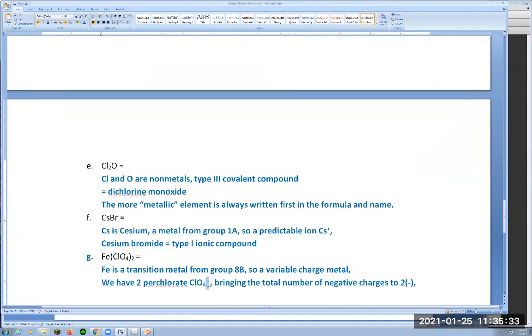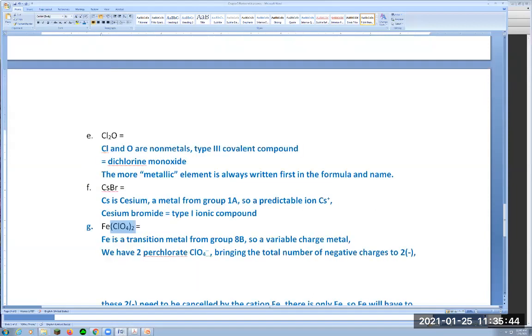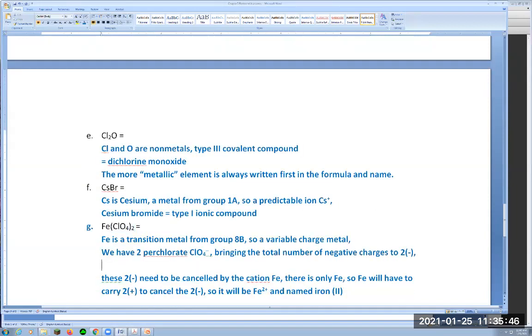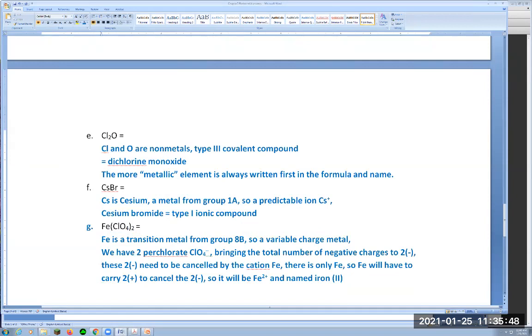So that means 2 negative charges in total in this compound. So we need 2 positive charges on that 1 iron. These 2 negative charges need to be cancelled by the cation Fe, and there is only 1 Fe. So 2 positive charges means it's going to be named iron 2, with the Roman numeral 2.